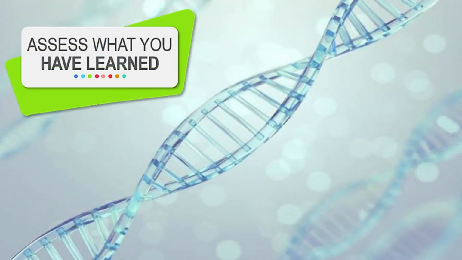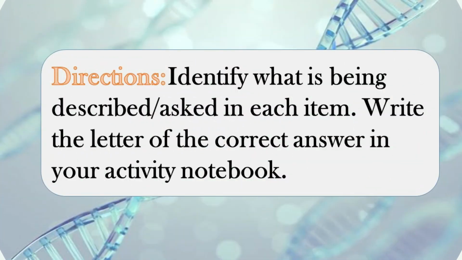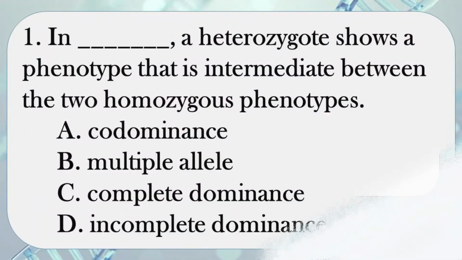To know how much you have learned from this video, let us assess what you have learned. Identify what is being described or asked in each item. Write the letter of the correct answer in your activity notebook. Your science teacher will collect all your answers. Number 1.